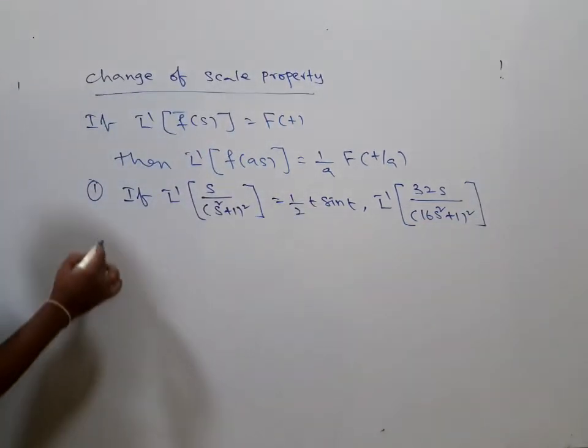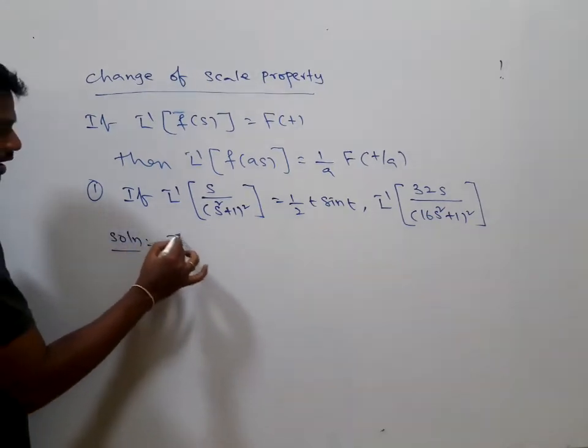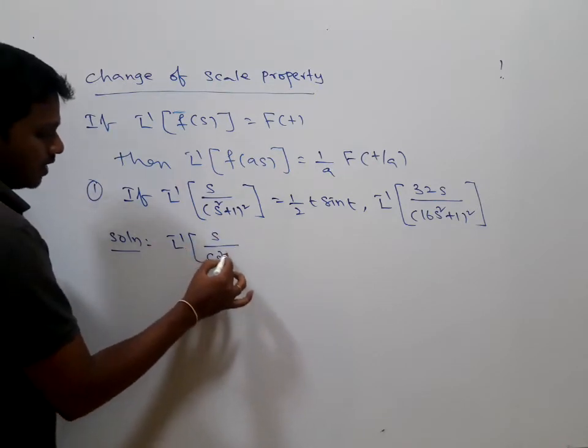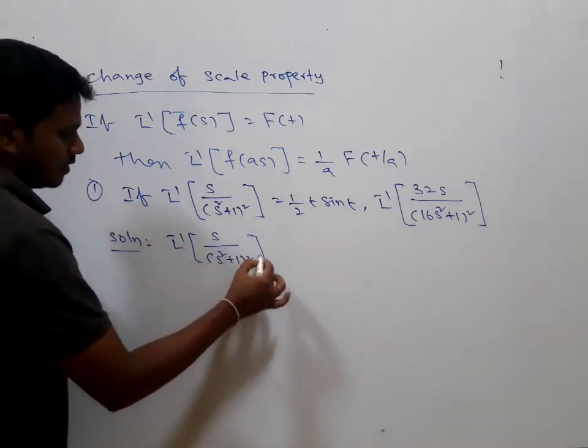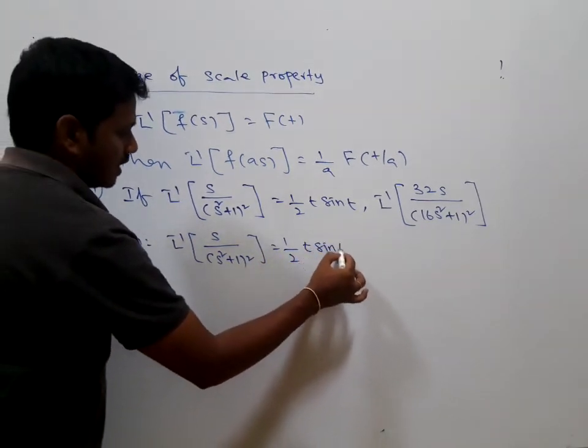Now coming to the solution, given that L inverse of s divided by s square plus 1 whole square is equal to 1 by 2 into t sin t.